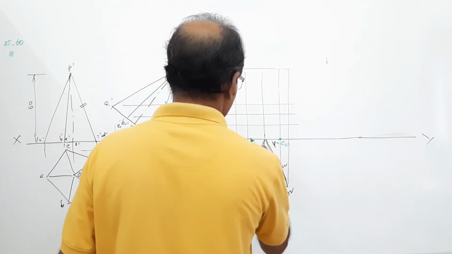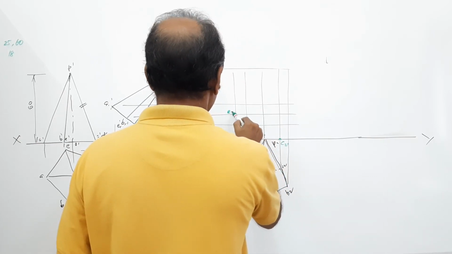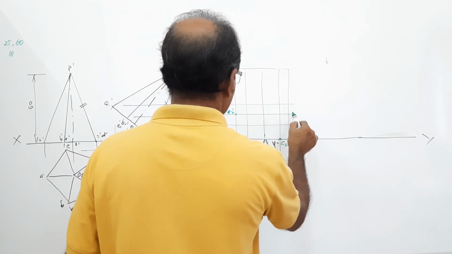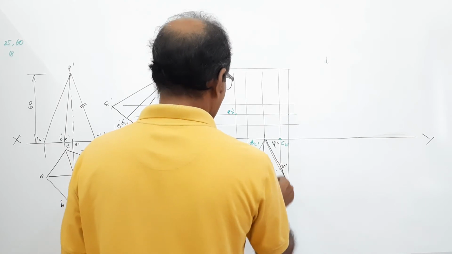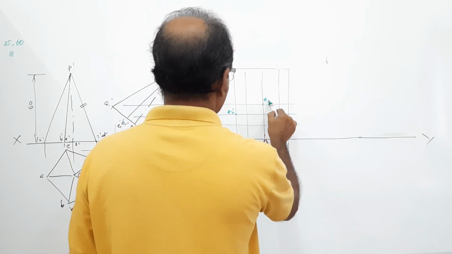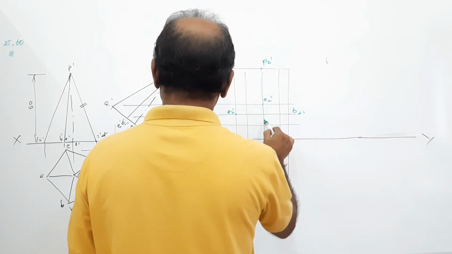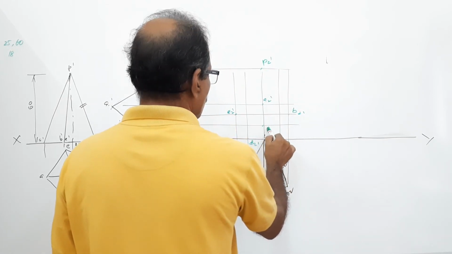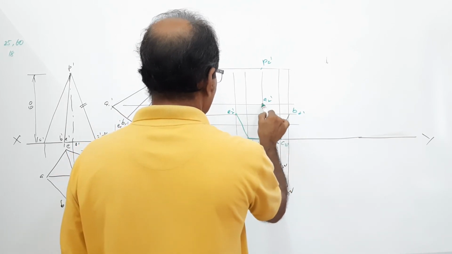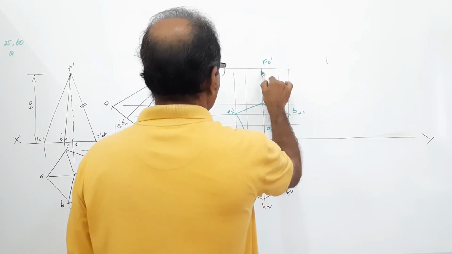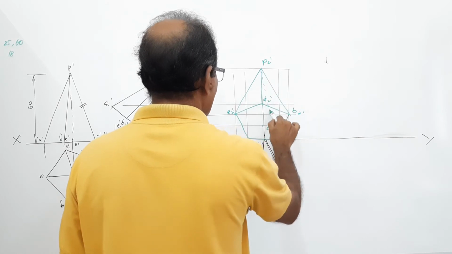C2 dash, D2 dash, E2 dash, A2 dash, B2 dash, P2 dash, O2 dash. The full base will be visible, so this is firm. Firm, firm, firm, firm.